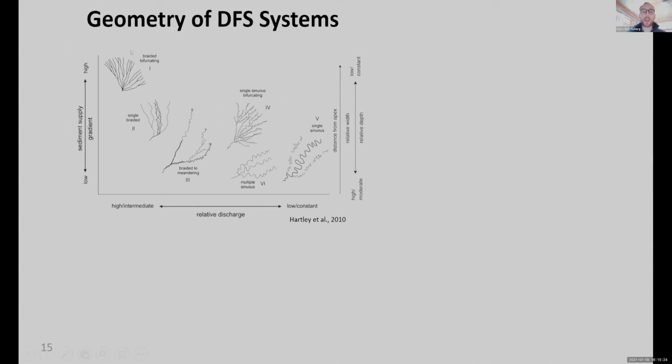So here, for example, we have different types of DFS systems, or distributed fluvial systems, whether it displays more of a braided or bifurcating system up here, or if we get more to the single and sinuous types of systems. And this is hypothesized to relate to relative discharge and sediment supply and gradient and so forth. But there is really not a lot of quantitative data around that.